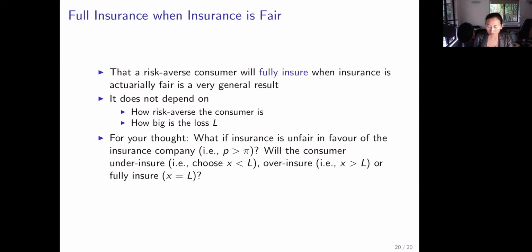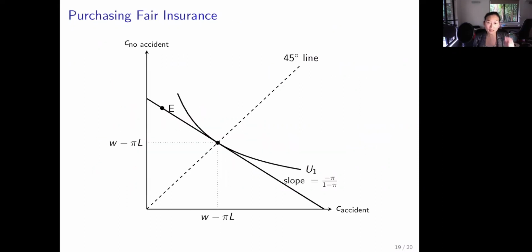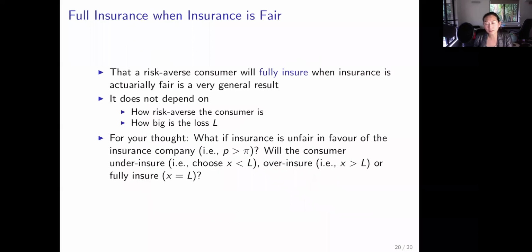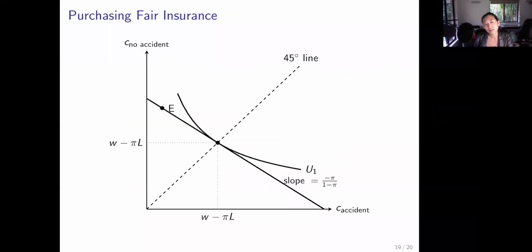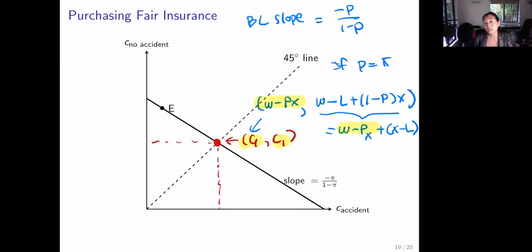What if the insurance is unfair in favor of the insurance company? Before, we said if P equals pi, this is the result you're going to see, given that the consumer is risk averse or not. Actually, it doesn't depend on the utility function at all.